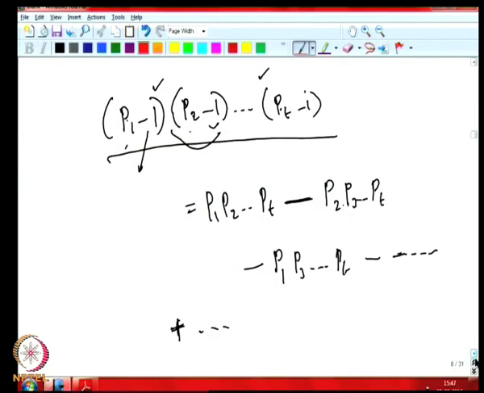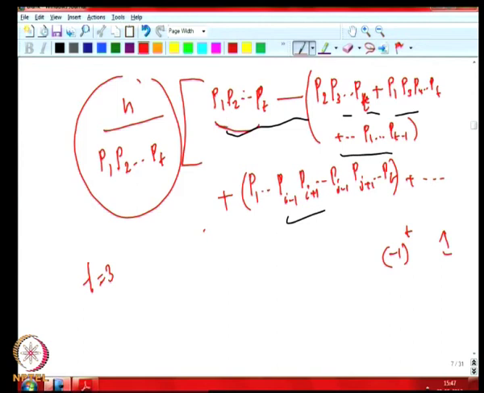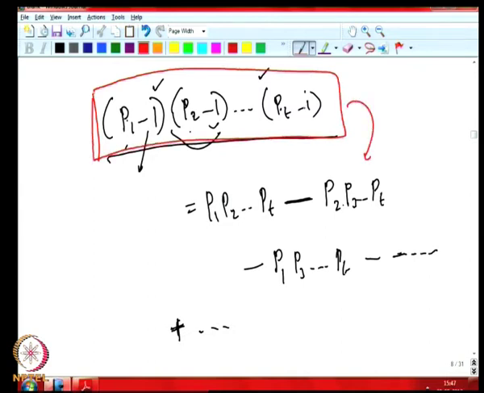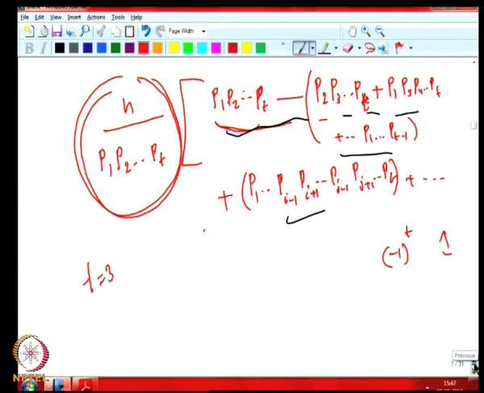The crucial step is noticing that what we see in the upper part, in the numerator, can actually be expressed like this, because that was the expansion of this form. People may miss this, but you have to observe that.